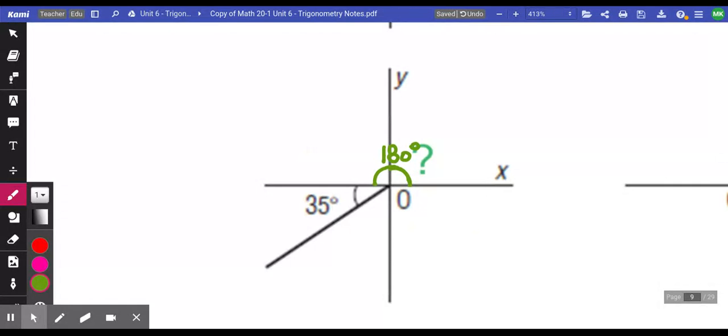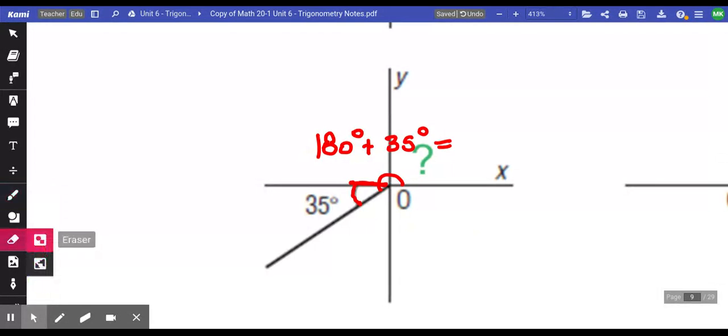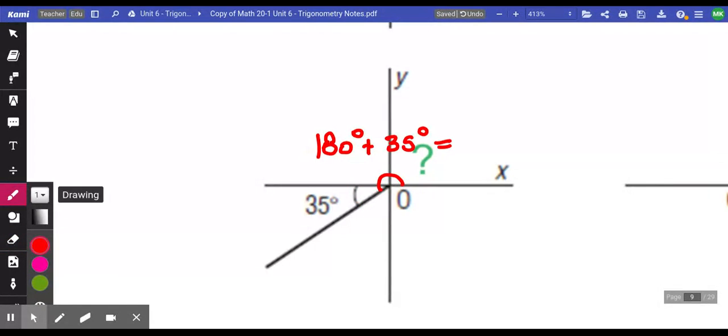So if I wanted to figure out the angle from here all the way to there plus that 35 degrees, I need to do 180 degrees, because that would get me to here, plus 35 degrees, to tell me that my standard position angle is 215 degrees. That's how I was getting those calculations on the other slide too. I was doing those tricks. We have a couple more.